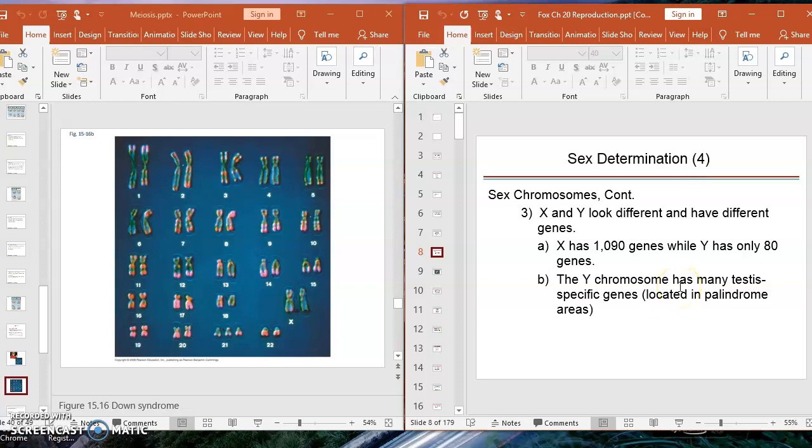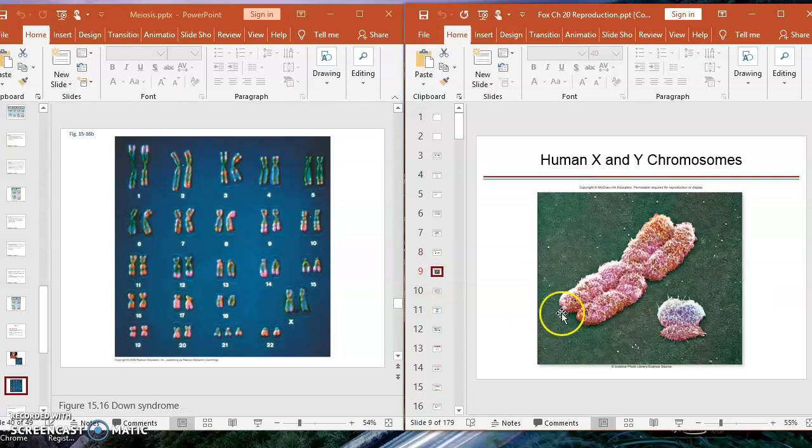So on the palindrome, they read the same in either direction, which assists in repair. I won't get into that. That's more of a general biology topic, to assist in repair of problems that can occur. Okay? Here again is a picture of the X and the Y.